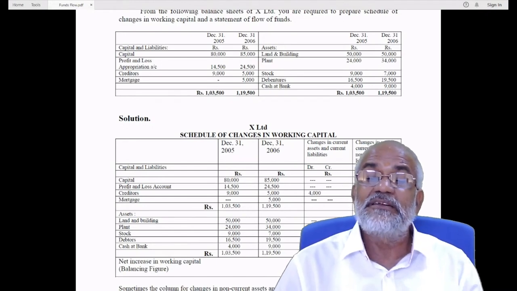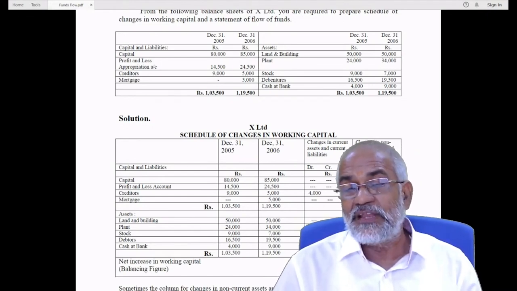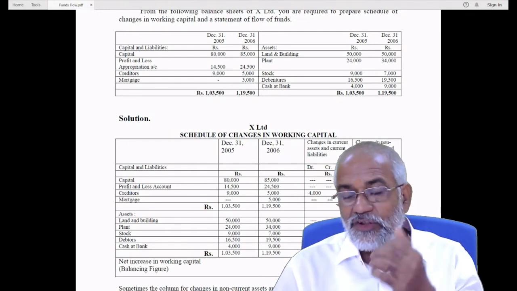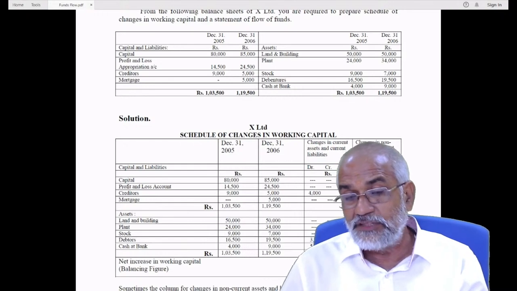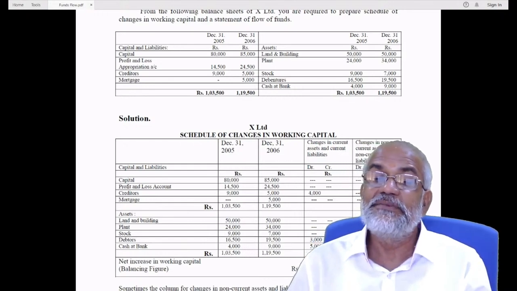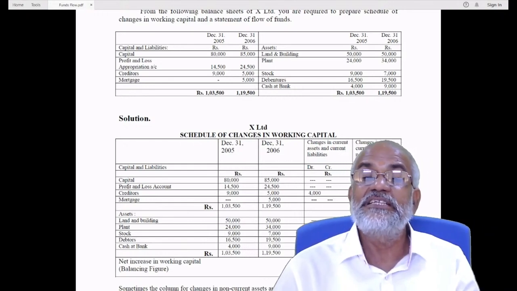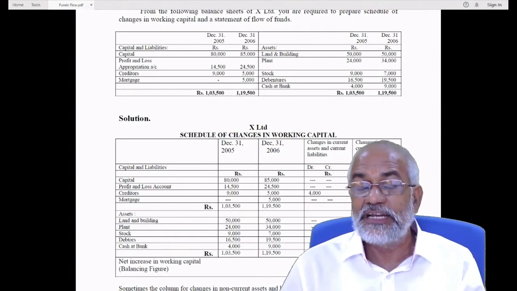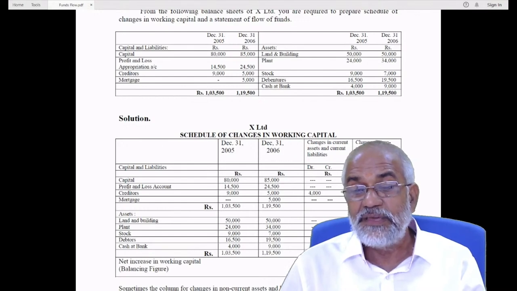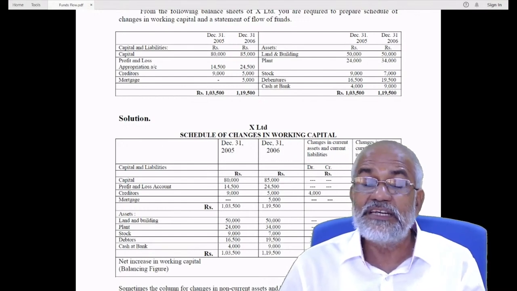Then the same figure, when we make the balancing of the last 2 columns, that means changes in the non-current category, must appear but in the opposite column. The same 10,000 is coming, but in the debit column of the non-current category. In the current category, it is coming in the credit column. In the non-current category, it is coming in the debit column.